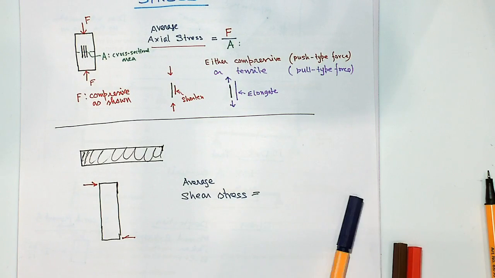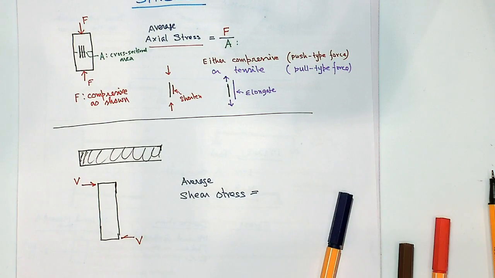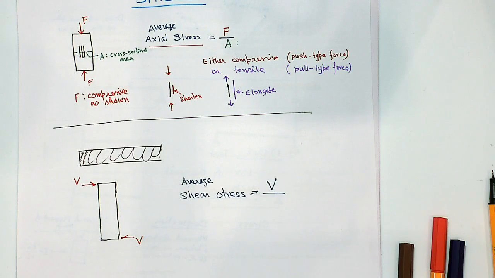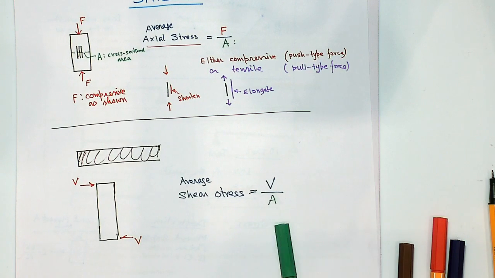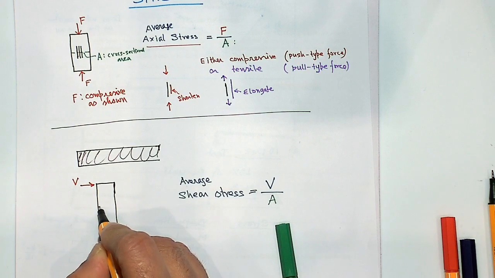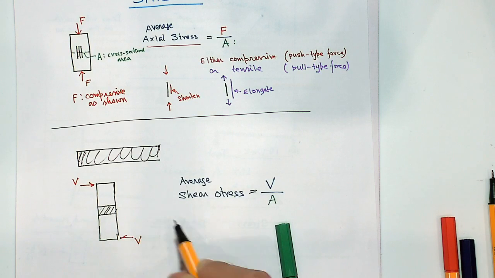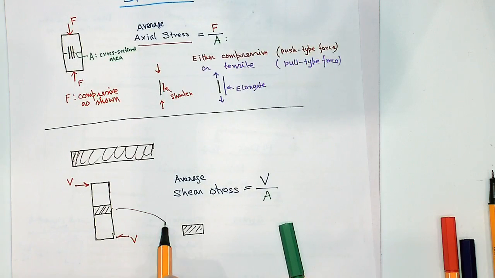If this is V, average shear stress is V over the cross-sectional area. And how would this act? To do that, we need to take out two sections from here. So if you take these little elements, I show it in here.